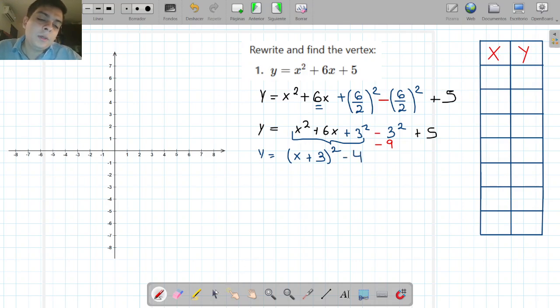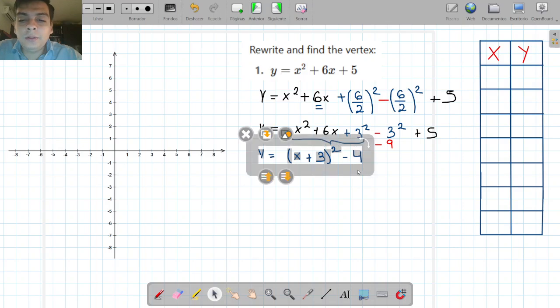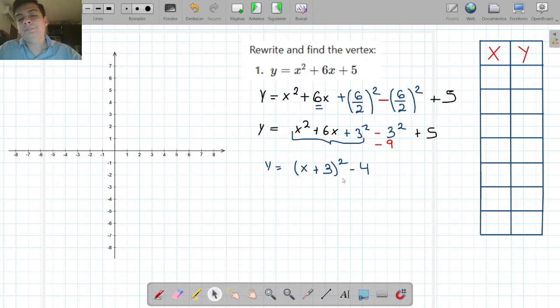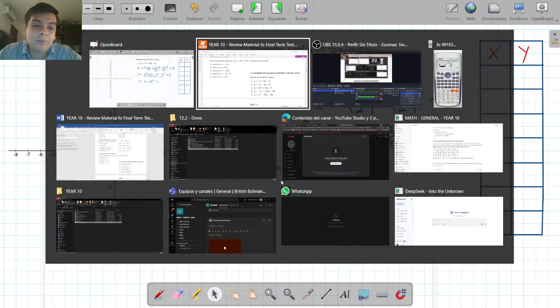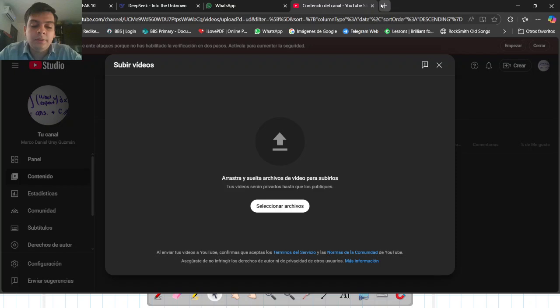Now, you may be wondering why I'm making you do this. It's an interesting question. It's because in this way, you don't have to use the formula to find the vertex. The vertex here is given by a formula. Let me look for it very quick.